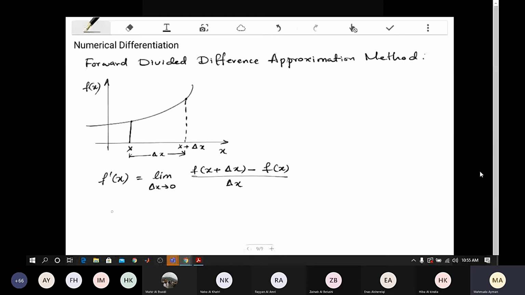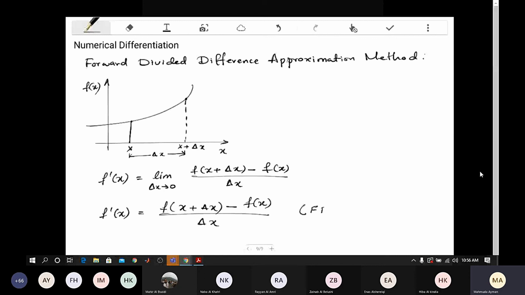We'll write it as the derivative of the function is equal to f of x plus delta x minus f of x divided by delta x. Here delta x is finite, and because delta x is finite, we know that we'll get a truncation error here, because we are approximating a mathematical procedure by this formula. Now this one is the formula for the forward divided difference.